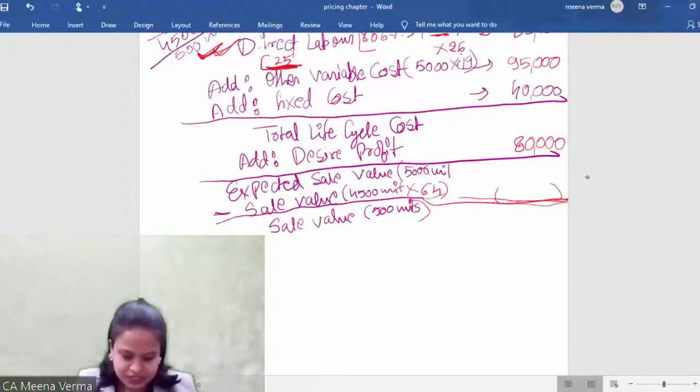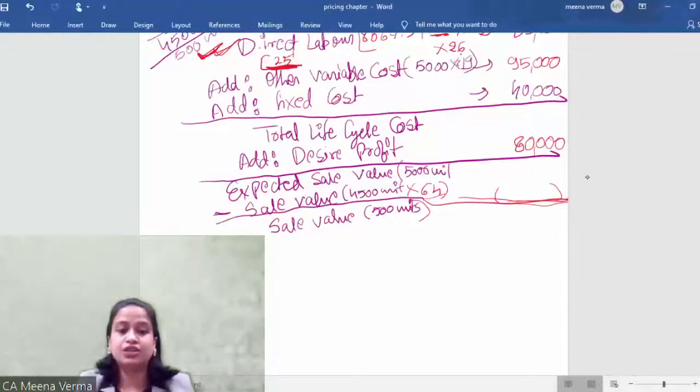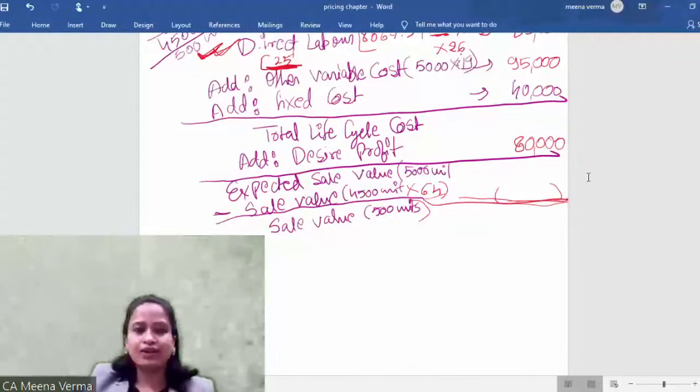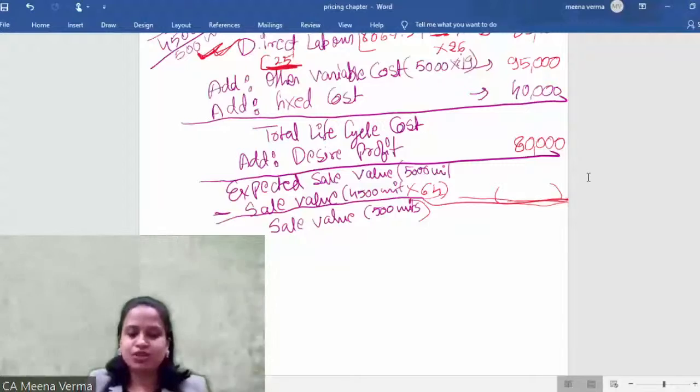Sumit is asking me how this learning curve is applicable in practical life. It is very important in practical life. Learning curve is a very good concept to follow in a manufacturing organization. If you hire a labor, initially the labor is completely unskilled. For example, you have hired a labor in a working cell.